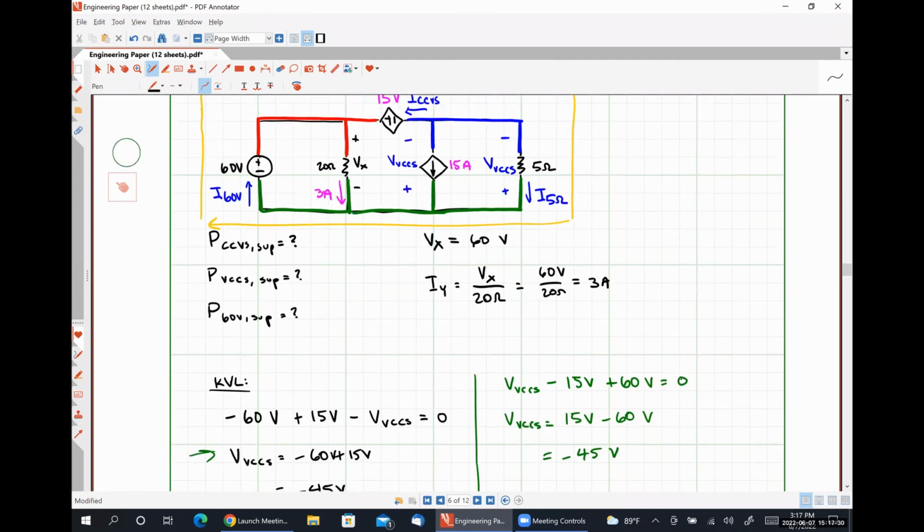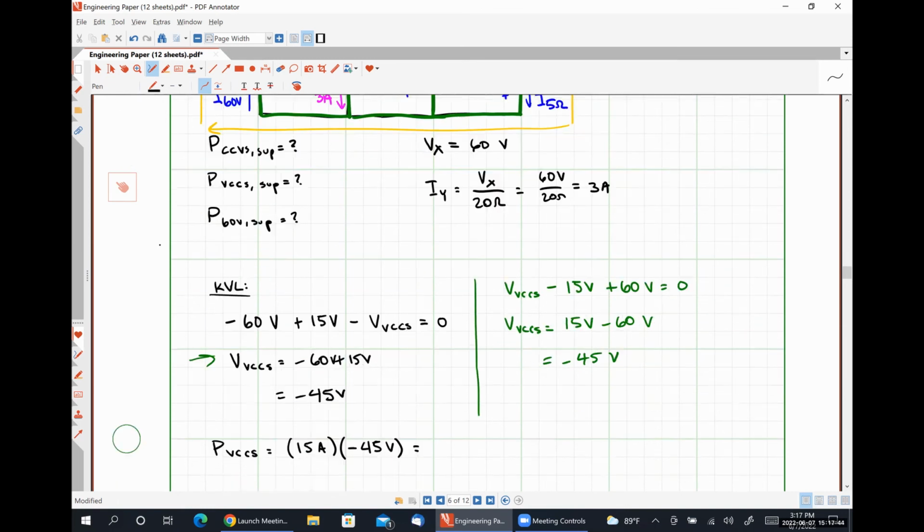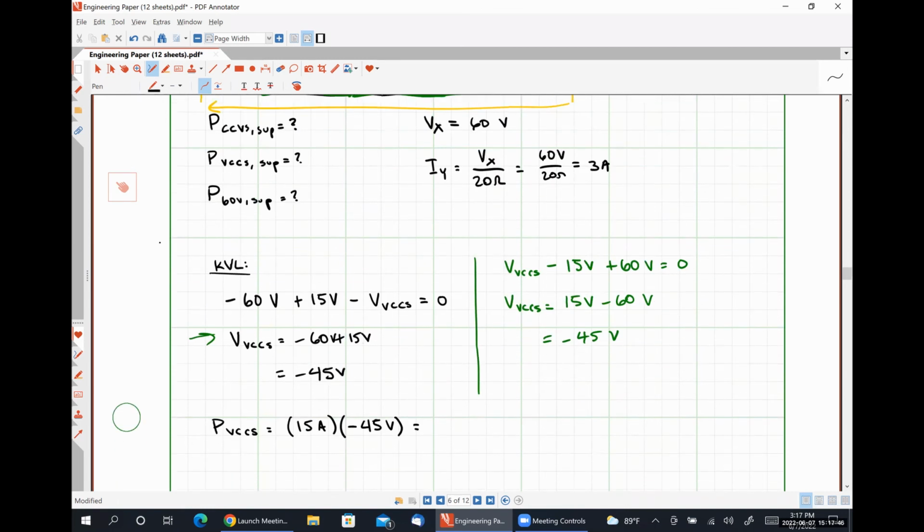And just to be clear here, we have defined this voltage in such a way that the current is flowing into the negative polarity terminal, so that we simply have to multiply 15 amps times the value that we solve for to get the supplied power. 15 times 45 comes out to be 675 watts, and we should have a negative sign right there.